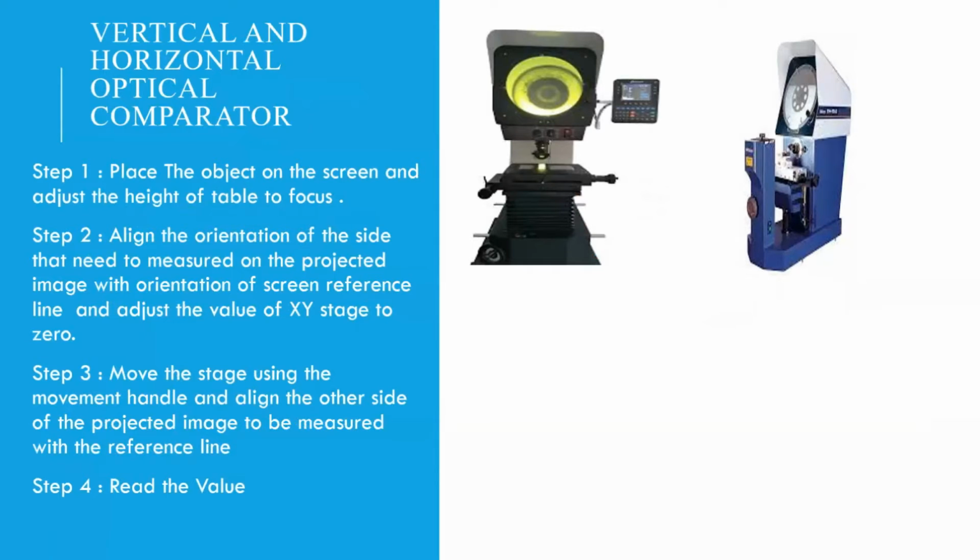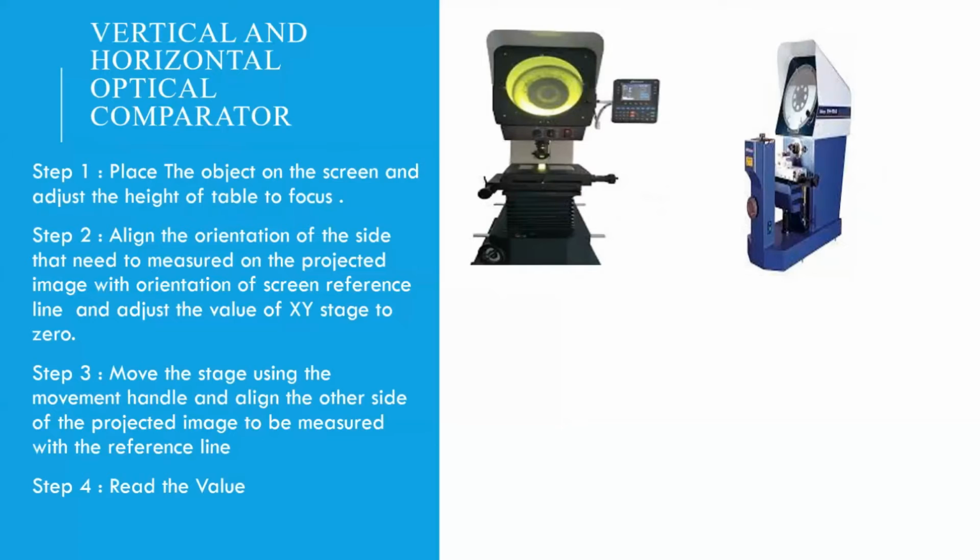And lastly, the vertical and horizontal optical comparator. The difference between vertical and horizontal optical comparator is the way that the object is placed, either vertical or horizontal. So the procedure is the same.